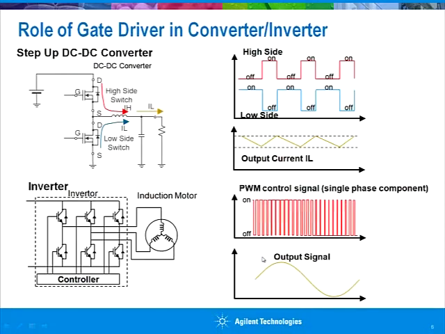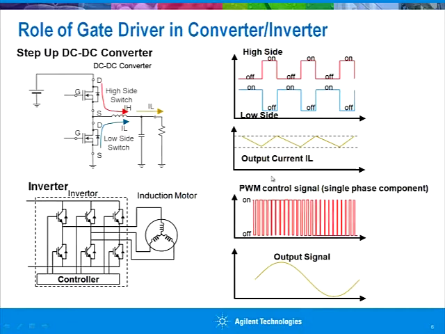And this is the brief explanation of gate switching converters. This is the simplified circuit diagram of a DC-DC converter, and this is a circuit diagram of inverters used for motor control. And these switching devices are controlled like this, and turn on and turn off repeatedly.